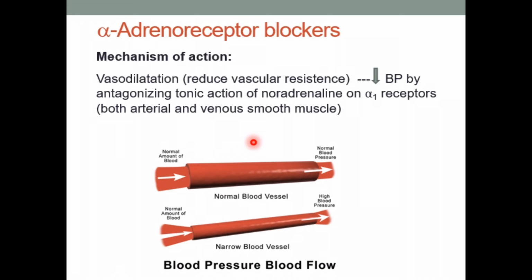So it does not allow the noradrenaline to bind to the receptor, so it will cause vasodilatation and a drop in BP. Okay, so that's the relationship between alpha blockers and vessels in terms of the vasodilatation and the drop in BP.